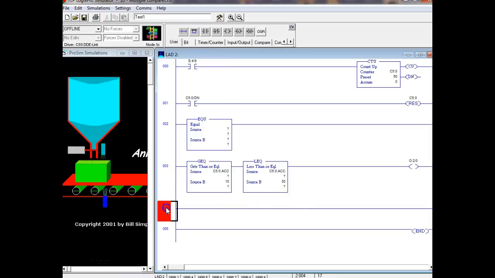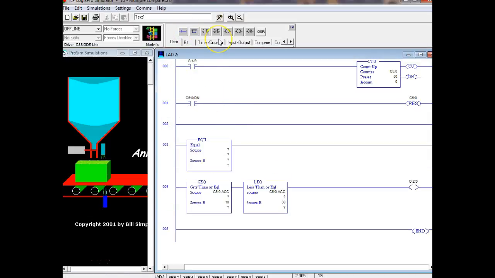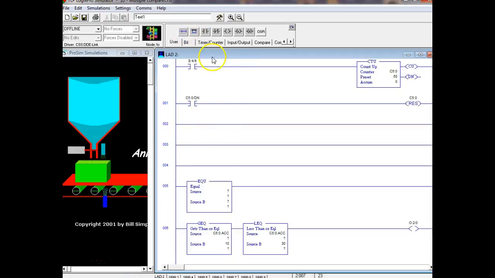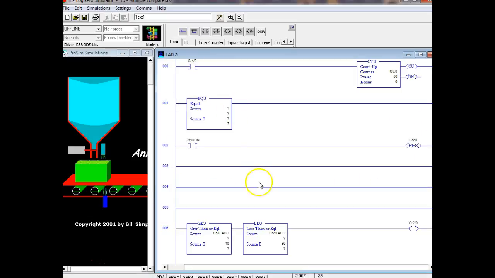That's another thing Logic Pro lets you get by. So the bottom one is actually combined.